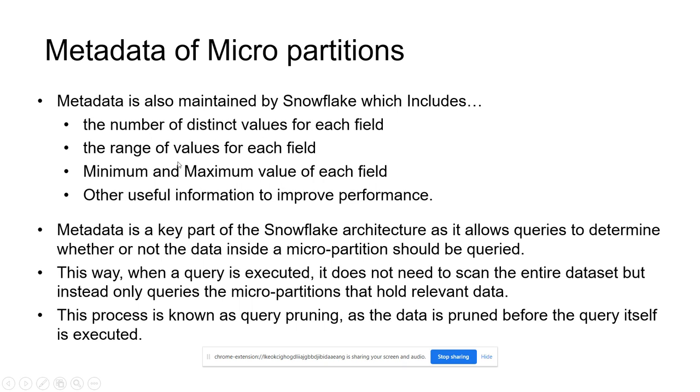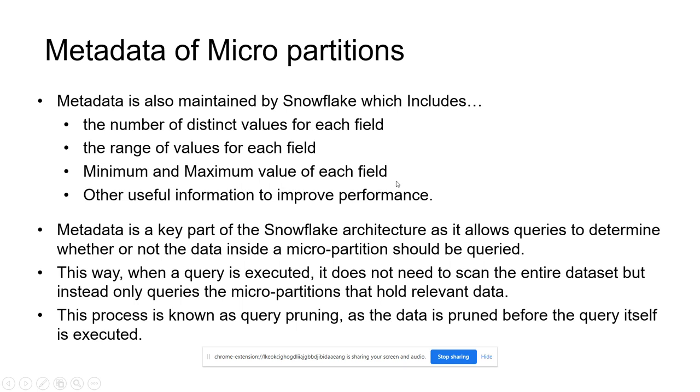Okay, and the range of values for each and every field. Suppose we have 10 fields in a table, for each field, what is the range? 1 to 100 or a to z. So it can be alphanumeric or alphabetical or numbers, but it will completely store the range of values for each and every field. And the minimum and maximum value of each and every field.